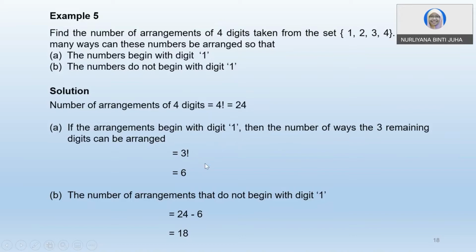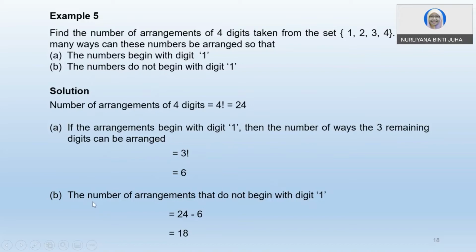So the remaining 3 at the back, the 3 remaining digits can be arranged in 3 factorial, which is equal to 6.